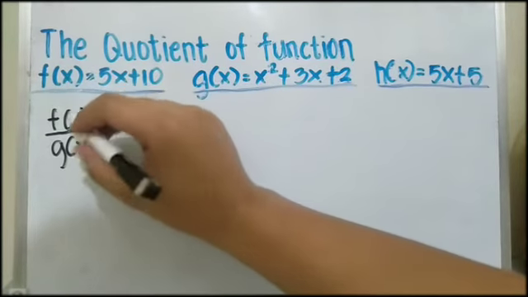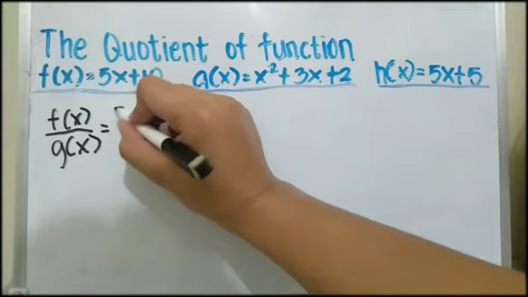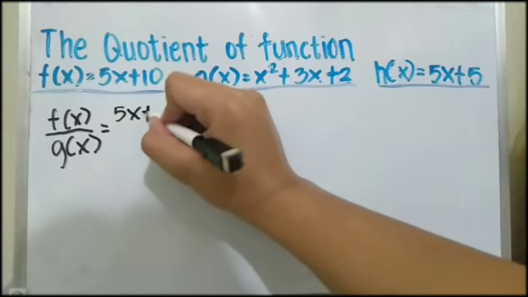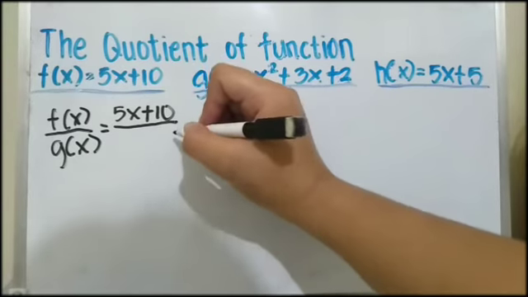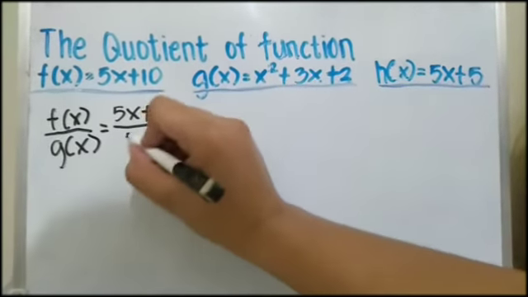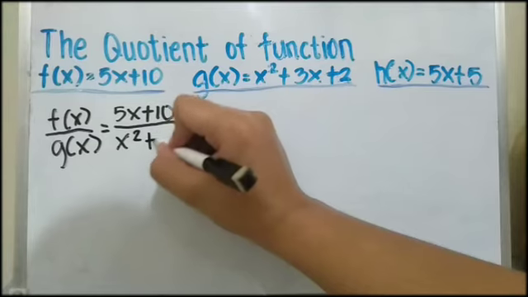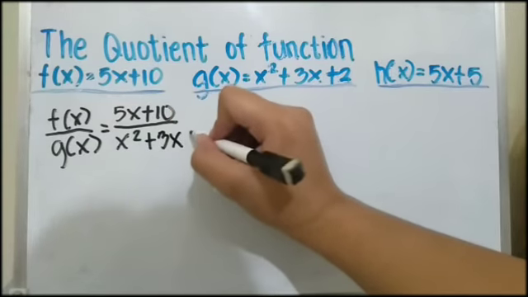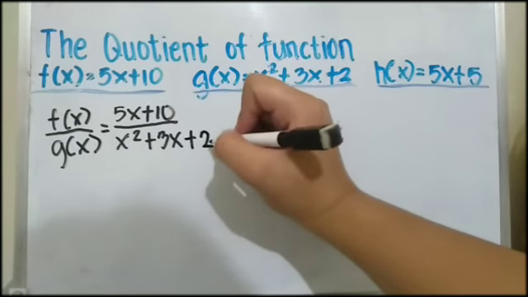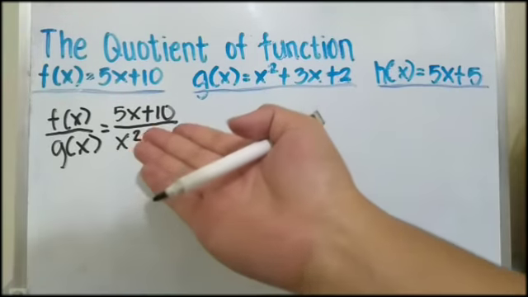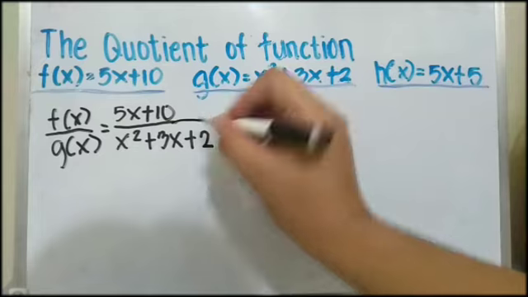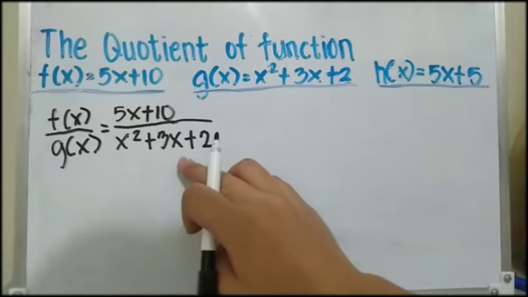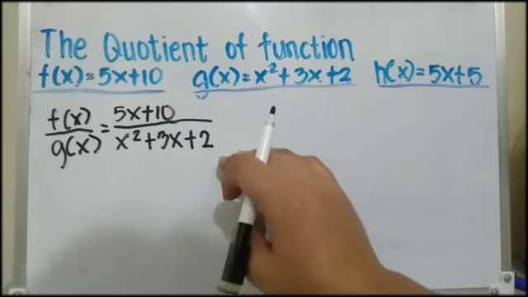The value of f(x) is 5x plus 10, and the value of g(x) is x squared plus 3x plus 2. As you can see, we have a numerator and a denominator. So this is a fraction.